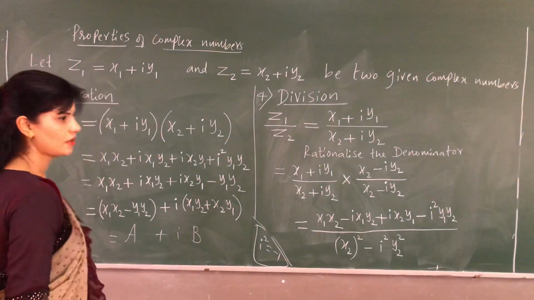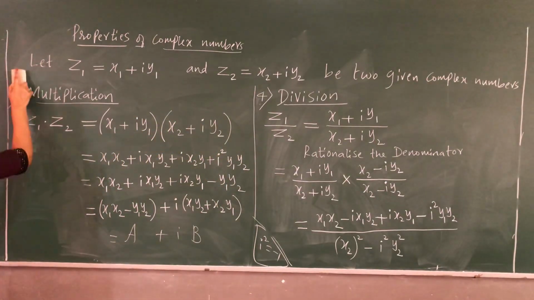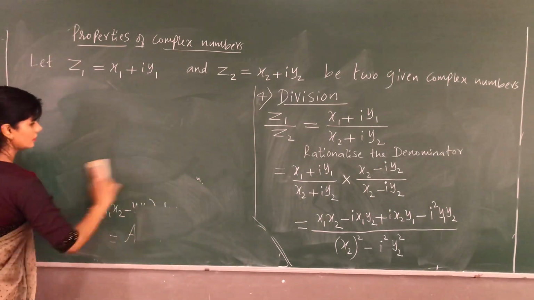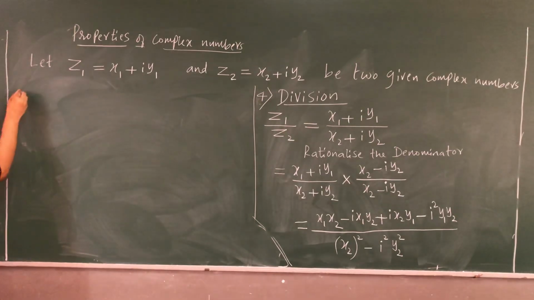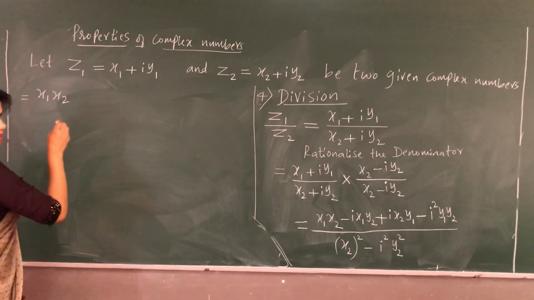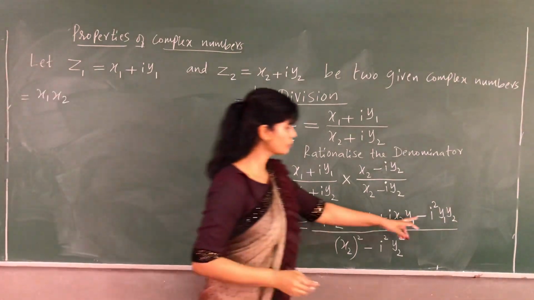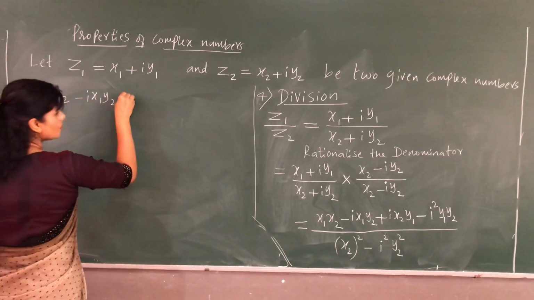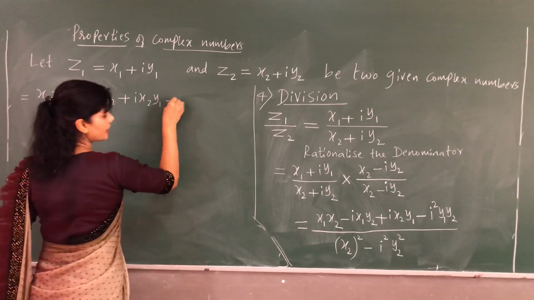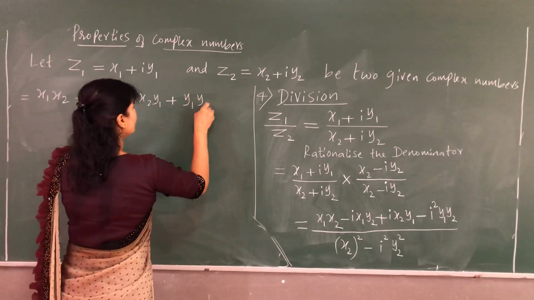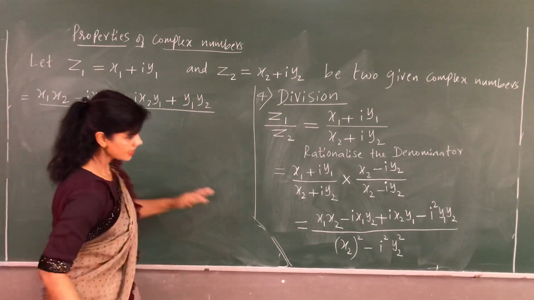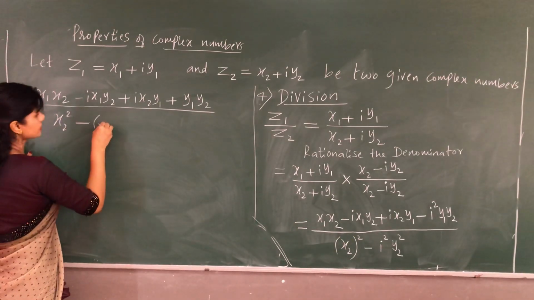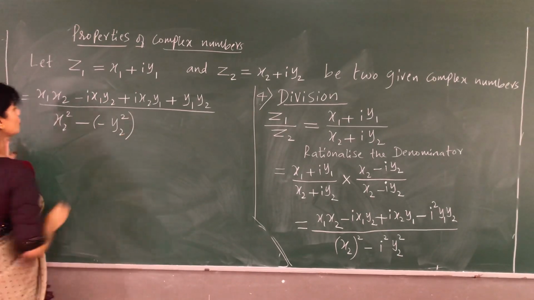Okay, students. The next step, I shall continue on this side. The last step of the fourth property: x1 x2. Here, minus of minus, minus i x1 y2 plus i x2 y1, minus of minus plus y1 y2. And below it becomes x2 square minus of minus y2 square. Okay, students?